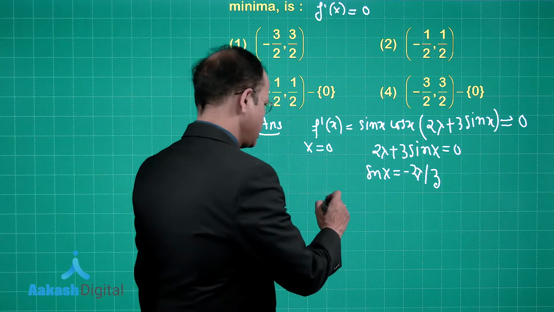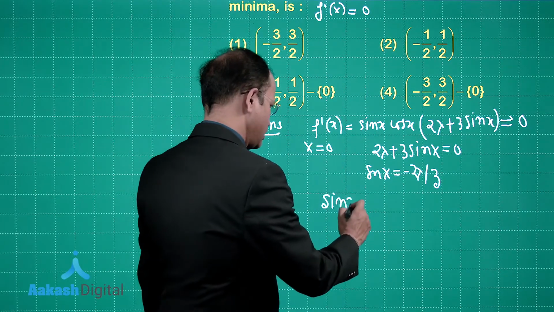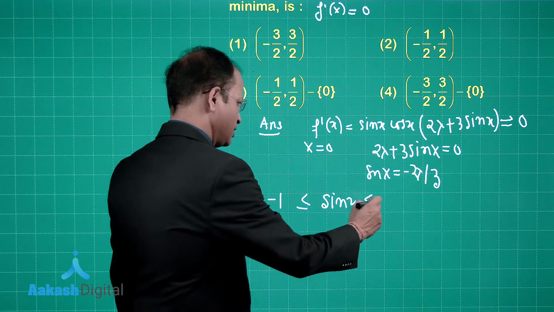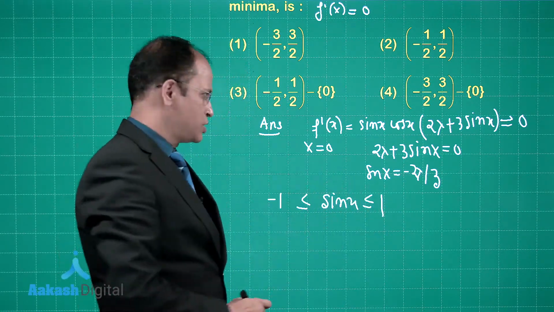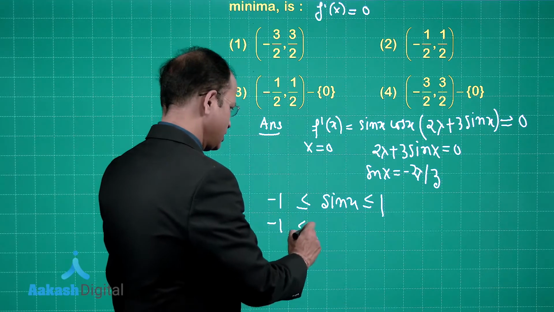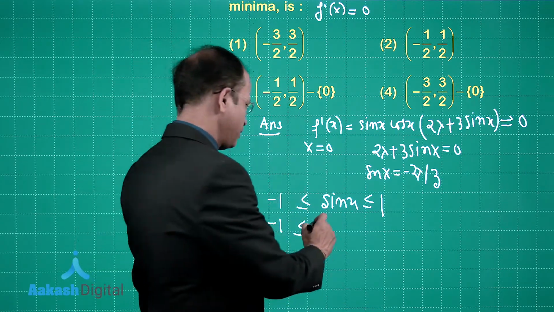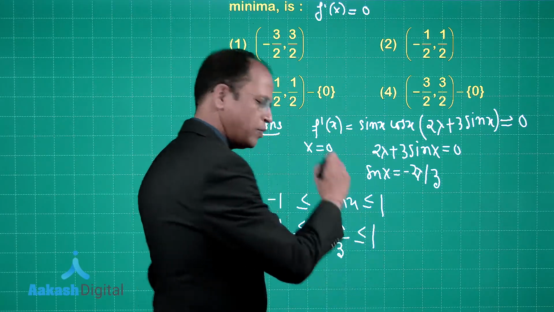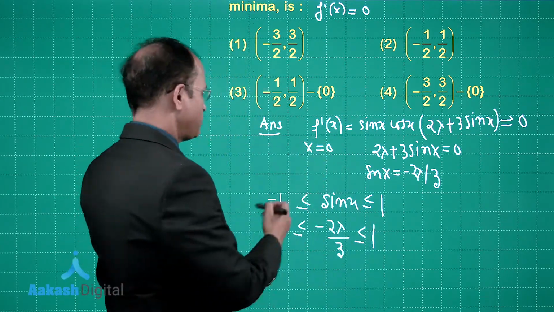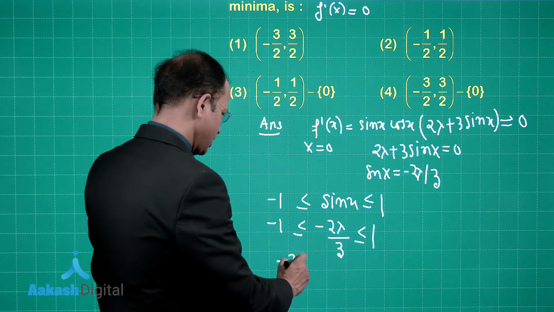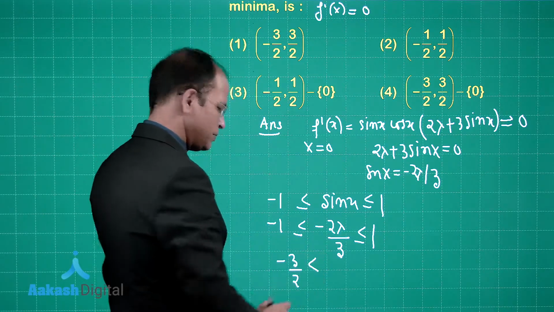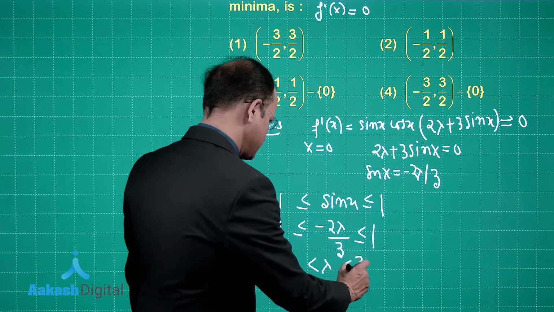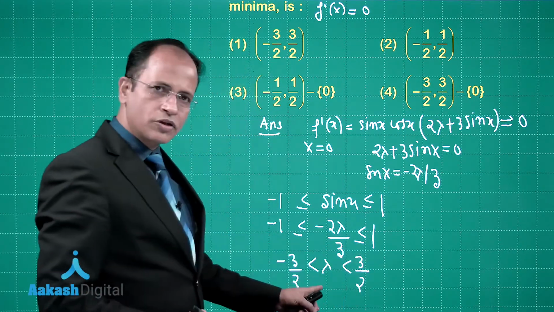We know that sin x lies between -1 and 1. So we can write -1 ≤ -2 lambda/3 ≤ 1. So lambda can be lying between -3/2 and 3/2. But 0 is also there.